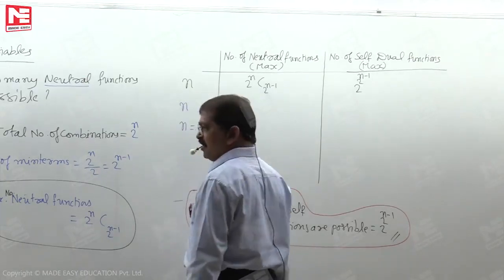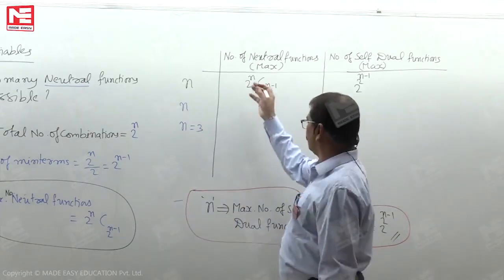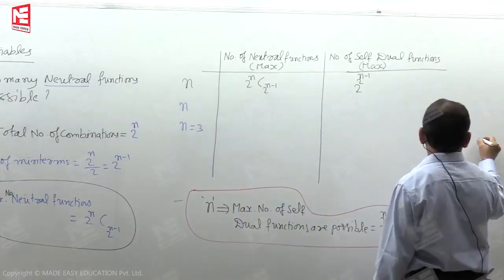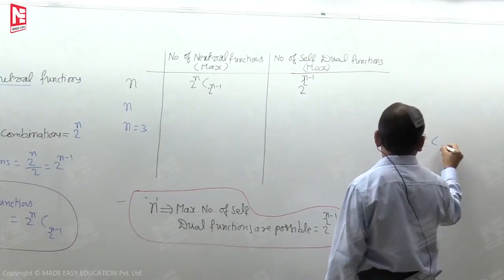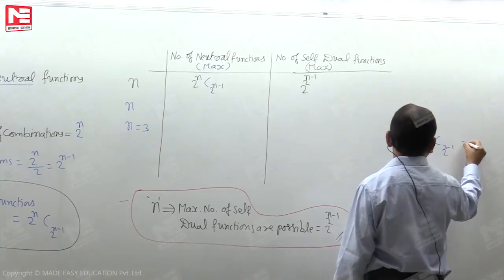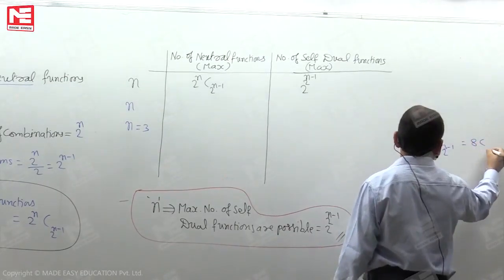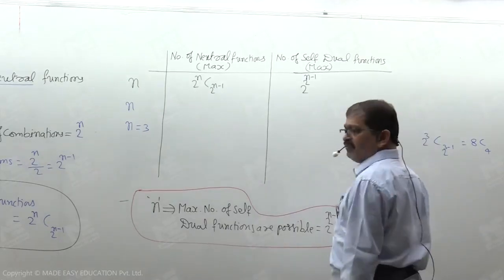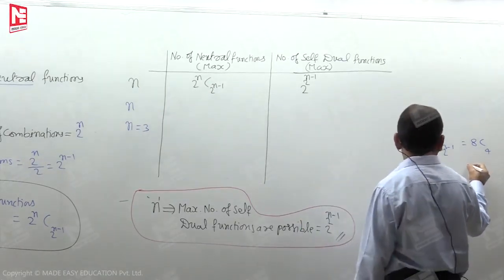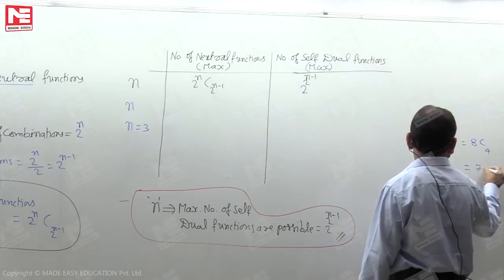We are looking at 2^3 C 2^(3-1). So 2^3 is 8, and C 2^(3-1) means 4. So if you check well, 8C4, hopefully it results as 70.